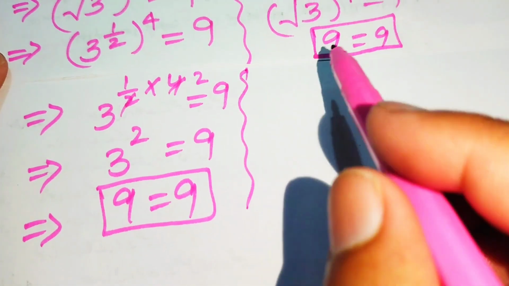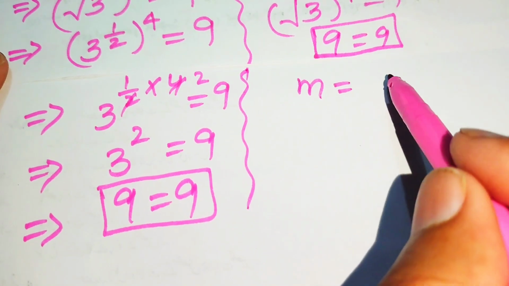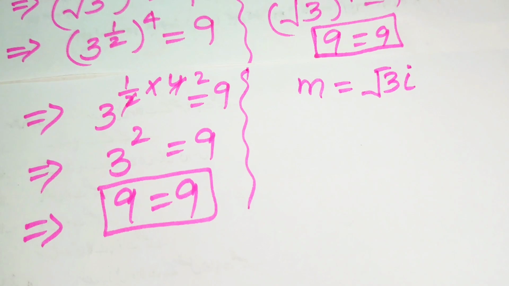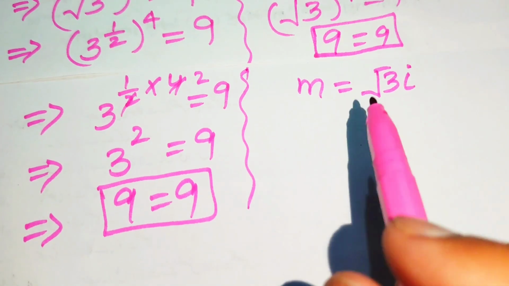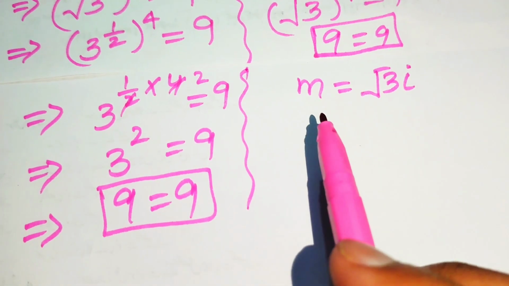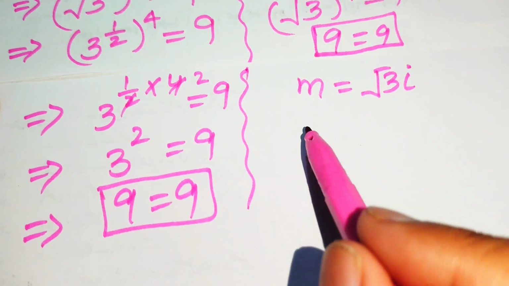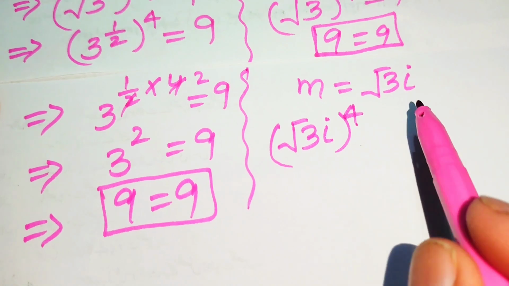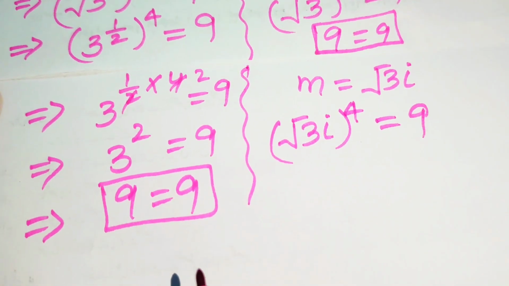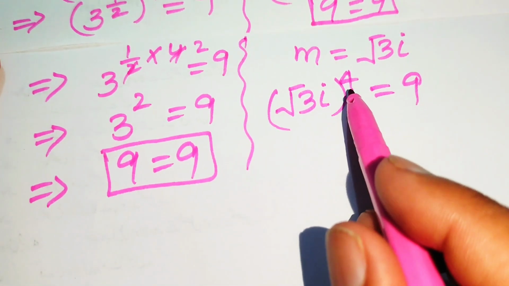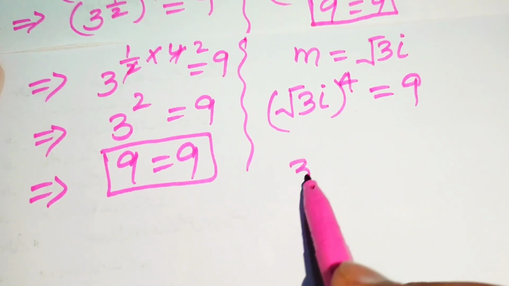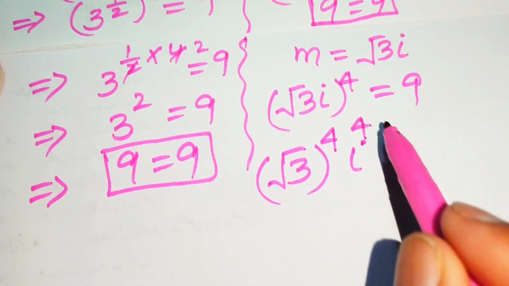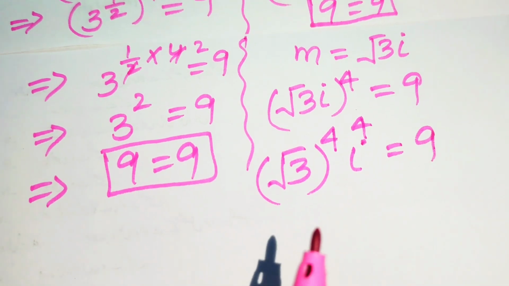For our complex roots, first we substitute the complex root m equals square root of 3 into iota. Now we check the behavior of this m, and our question statement is m to the power of 4 equals 9. So we substitute it here: square root of 3 iota and its whole power 4 equals 9. Now we separate this power 4 and we get square root of 3 and its whole power 4 into iota to the power of 4 equals 9.